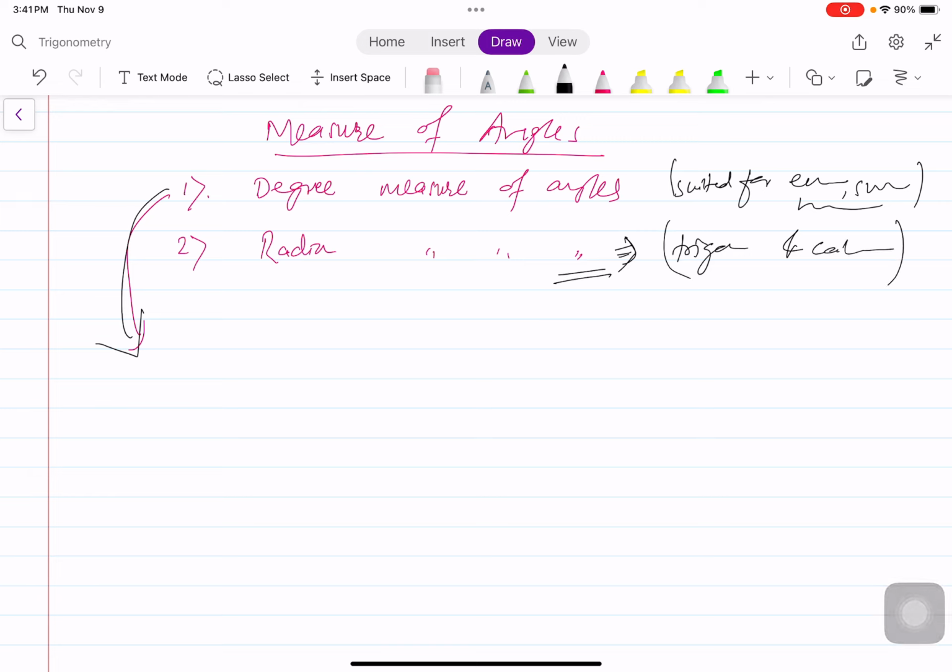You will see that many of the problems in calculus are stated in terms of radian measures. That is one of the reasons.